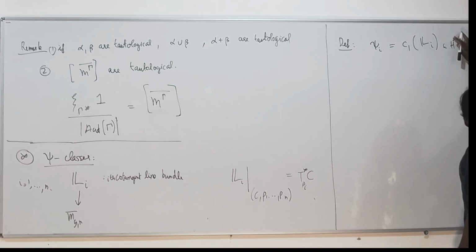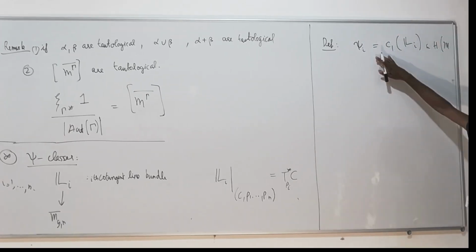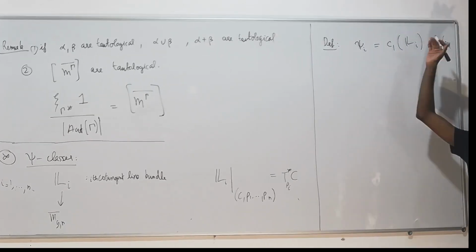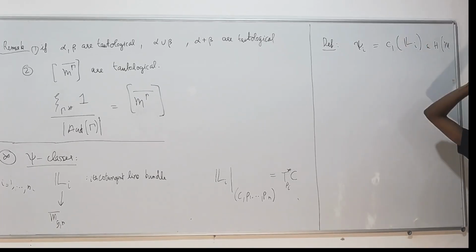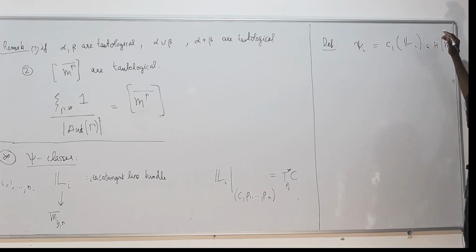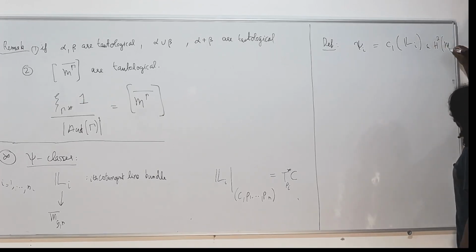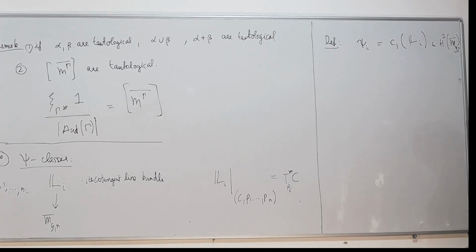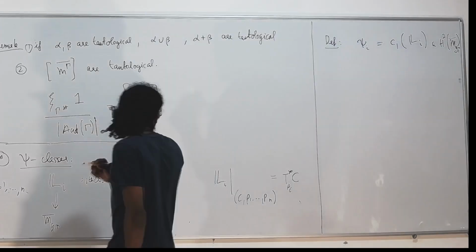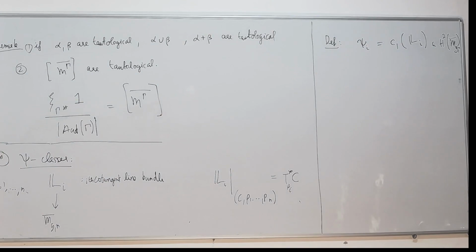And you see that it's the first Chern class of a line bundle, so it corresponds to something in real codimension 2, complex codimension 1. Okay, so that's one of the ingredients that we'll need.